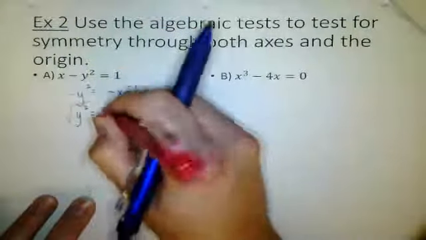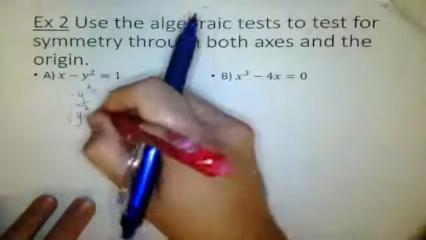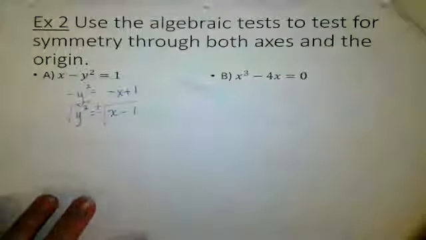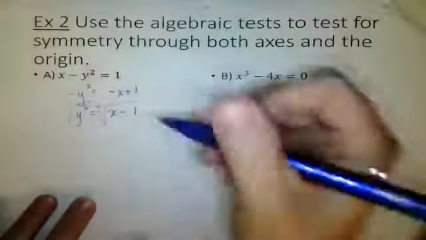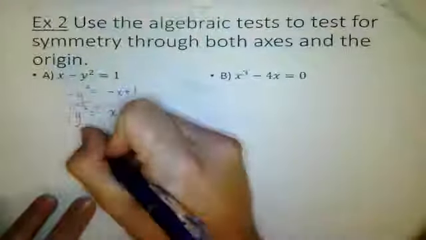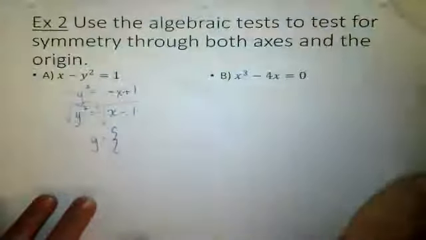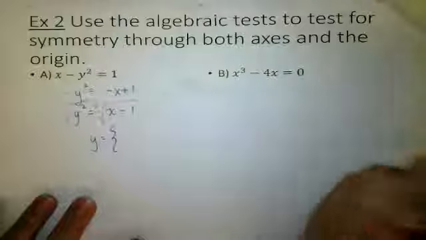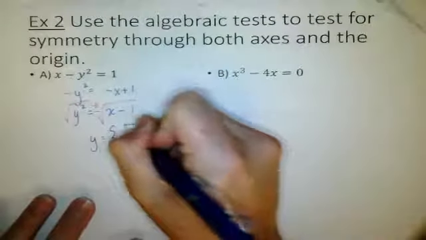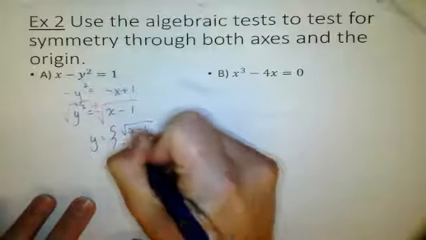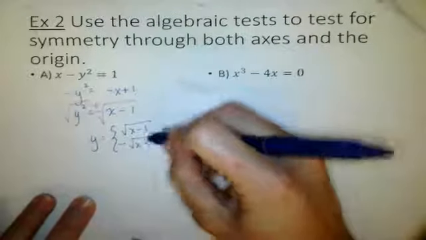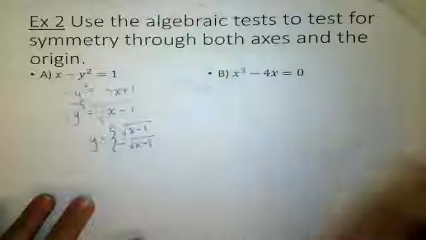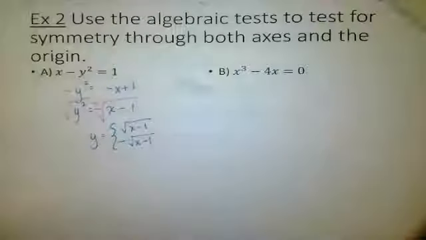What do you have to remember when you take the square root? Plus or minus. So when you take a square root, you have to remember plus or minus. Which means we're actually getting two equations to represent this function: the positive square root of x minus 1 and the negative square root of x minus 1. So you need to put in two equations in your calculator. So right now, take out your calculators.